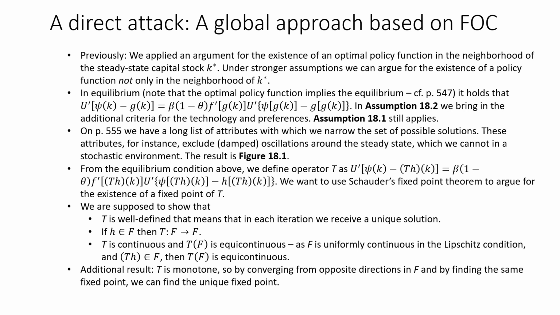These attributes regard, for instance, monotonicity of the policy function, or more importantly, these assumptions exclude damped oscillations around the steady state, by which I mean that from under the steady state capital stock, we cannot get to above the steady state capital stock, and from above the steady state capital stock, we cannot get below the steady state capital stock. So there are no oscillations in this system.